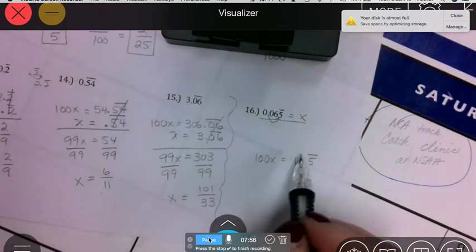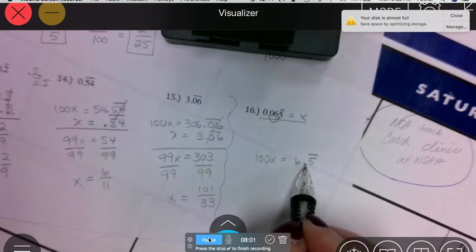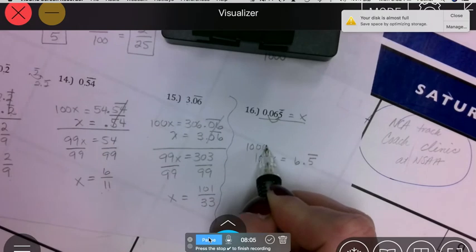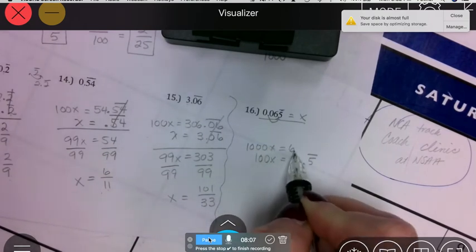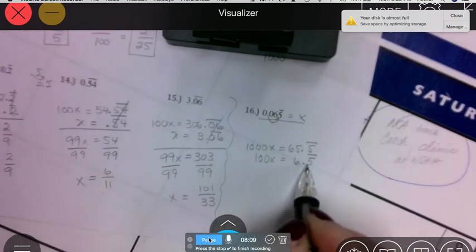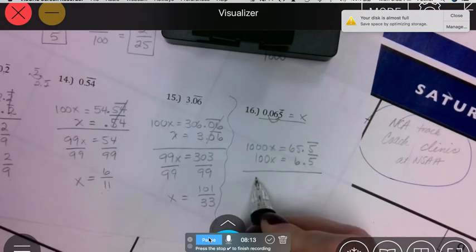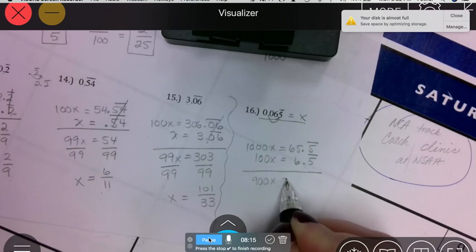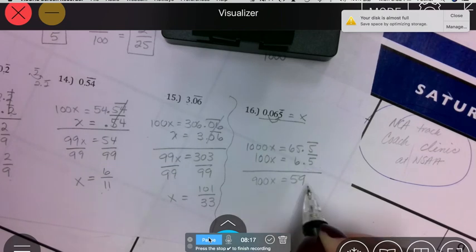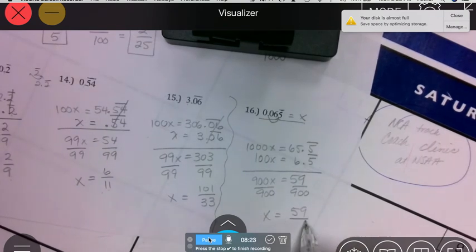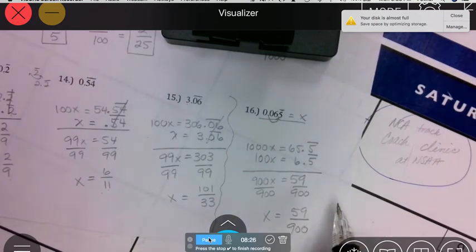I want to get that decimal right in front of the repeating. Then I can multiply both sides again by 10 to move that over one more place. This gives me 900x is equal to 59, and then x is equal to 59 over 900.